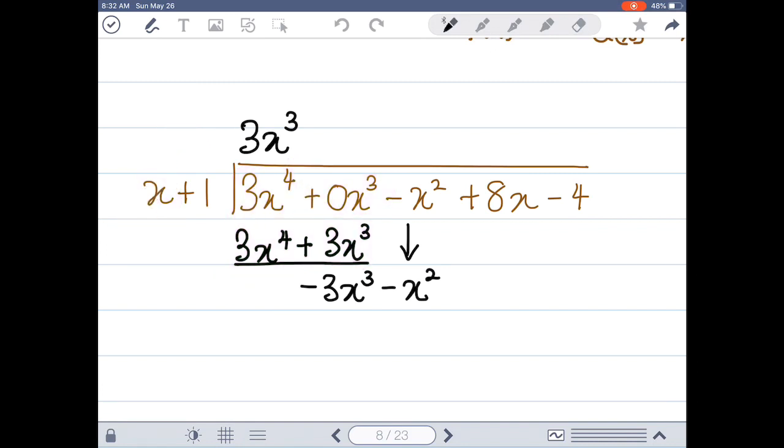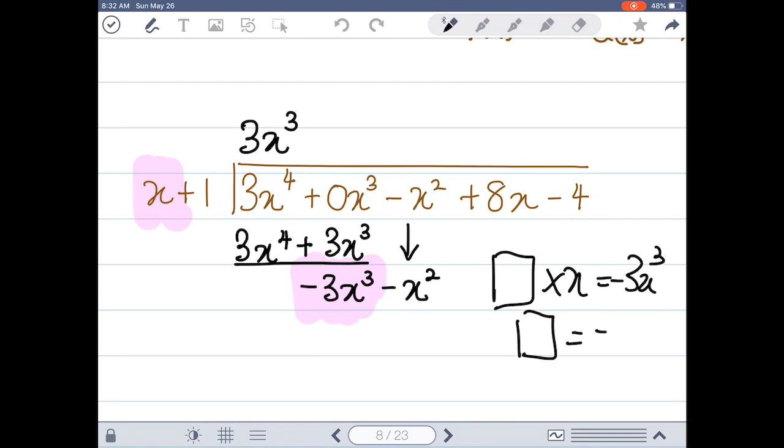Now, again, the same process. What times x should get negative 3x to the power of 3? That is just negative 3x to the power of 3 divided by x. So we will get negative 3x squared.